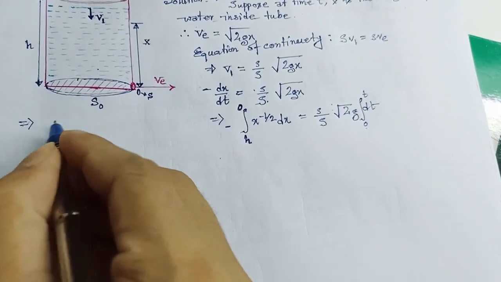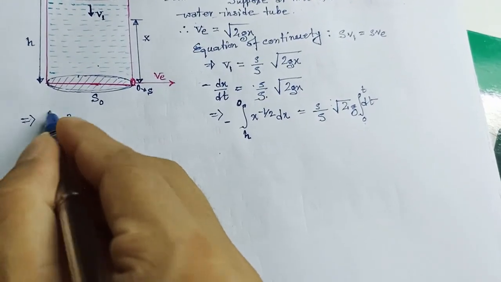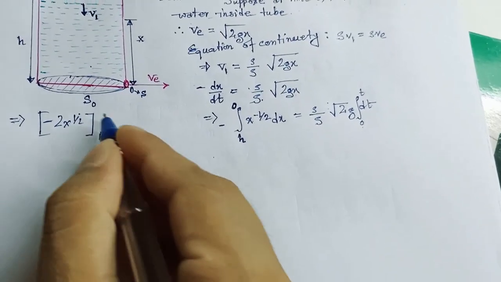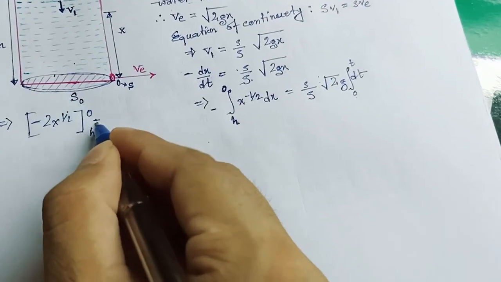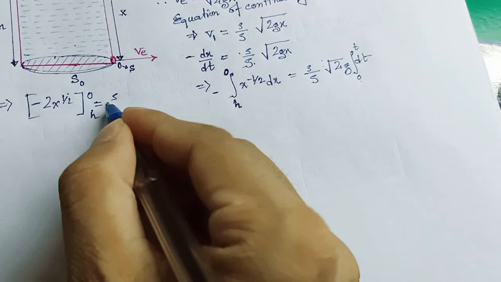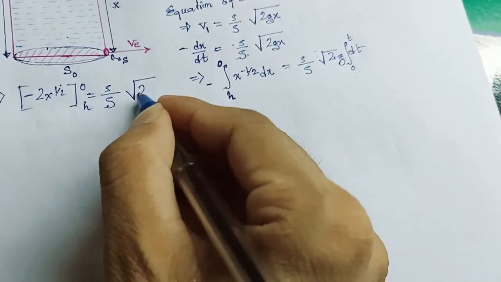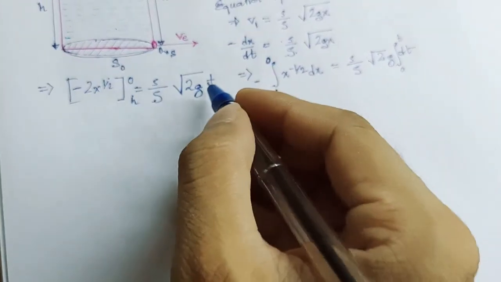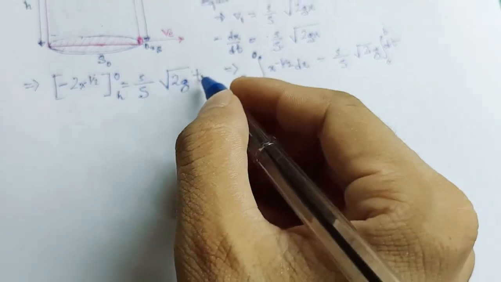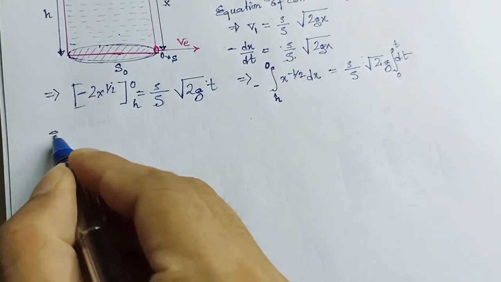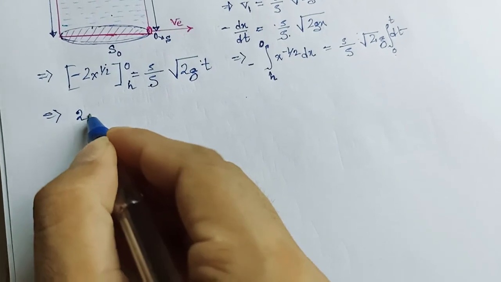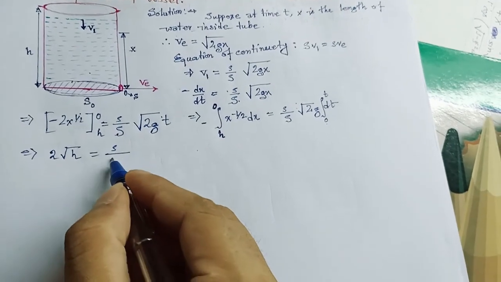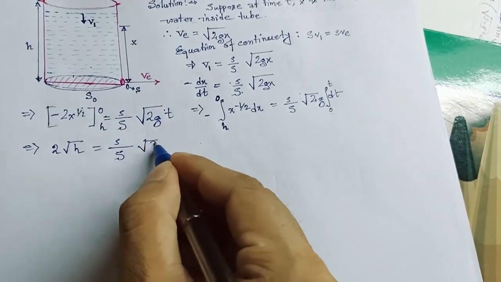Now if we carry out this integration, then the value of this integral will be minus 2x to the power half, and its limit will be from h to 0, and the right hand side of this equation will be small s divided by capital S multiplied by root 2g, which is again multiplied by t. So if we put the limits of this integral, then we find 2 root h will be equal to small s divided by capital S under root 2g into t.